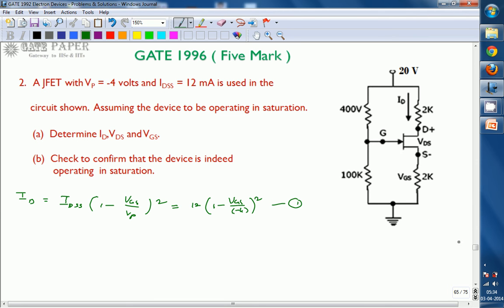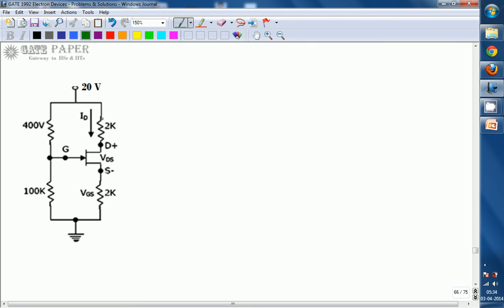So this is the equation, remember this. For this circuit, you can use the voltage division rule. In a JFET, the gate-source junction is always reverse biased, so no current flows through the gate. That is, IG is always 0.